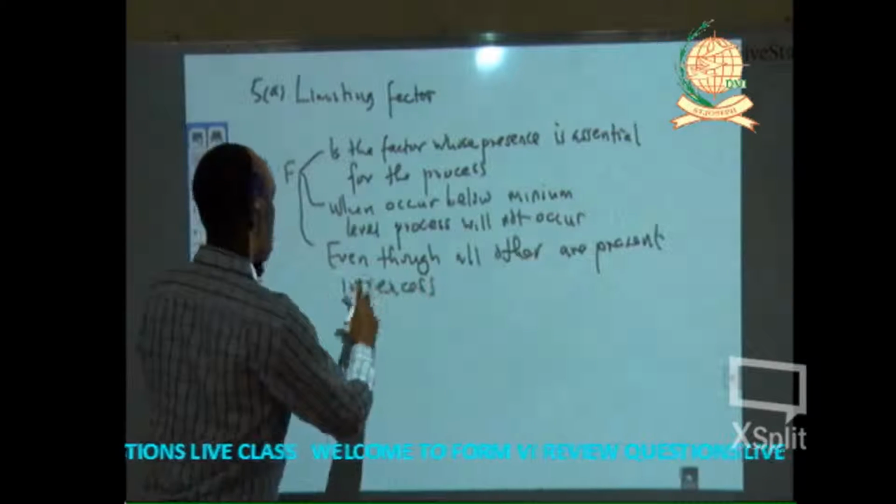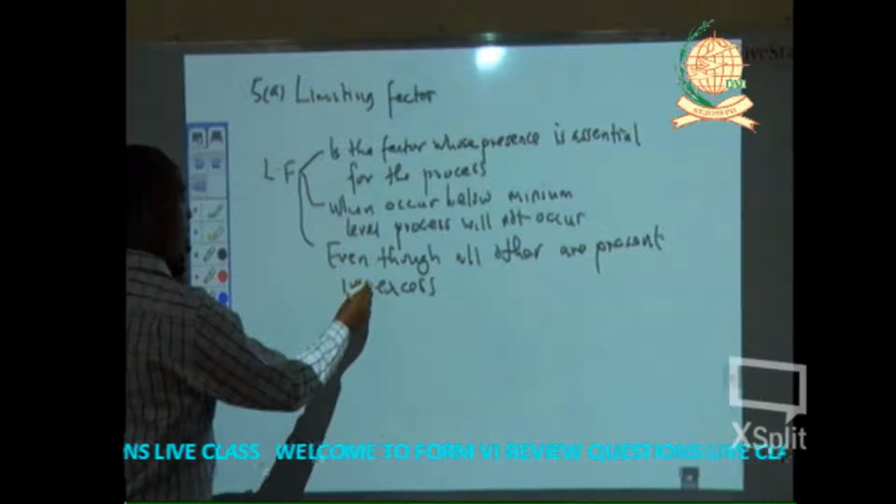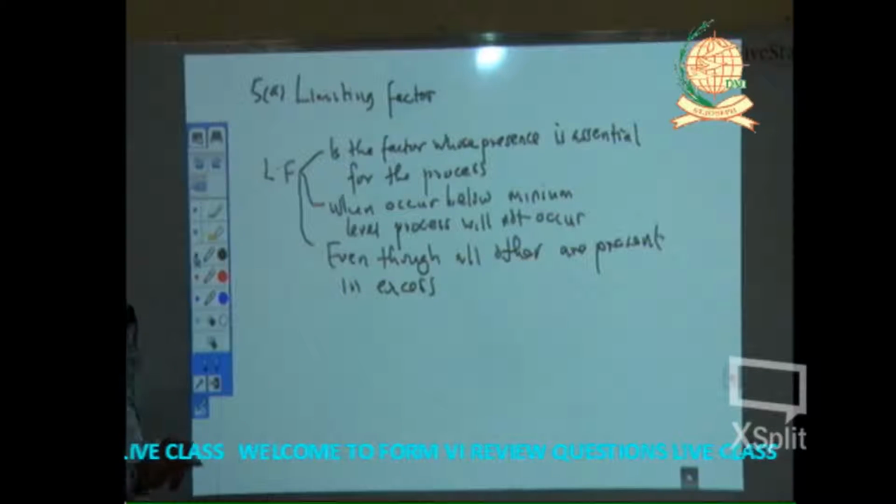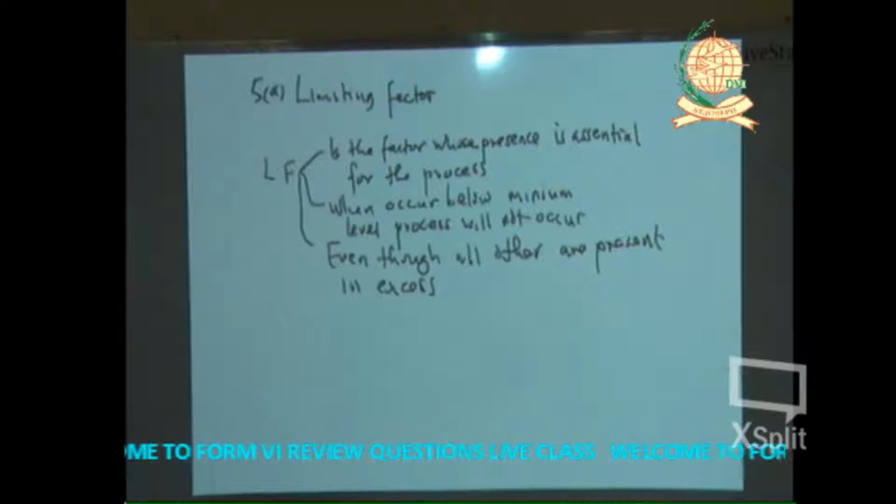So when you combine this, the limiting factor is the factor whose presence is essential for the process. When below the minimum level, the process will not occur, even though all other factors are present in excess.